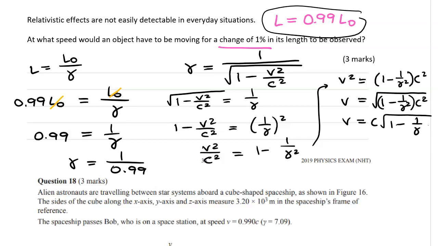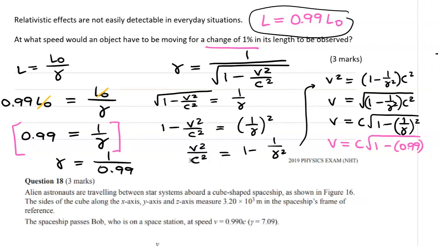I think it would actually be useful to leave it as 1 over gamma squared. I originally did that because we originally were told that 1 over gamma was 0.99. So perhaps let's revert to that. So v is going to equal c times the square root of 1 minus, and we said 1 over gamma was equal to 0.99, and we need to square that.